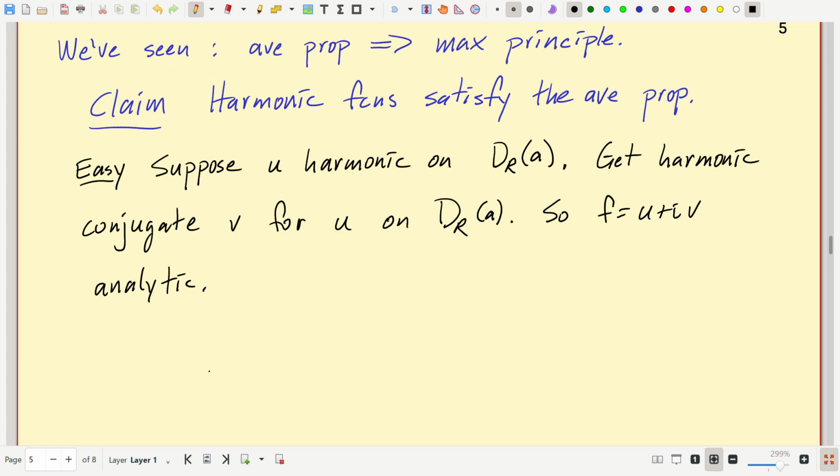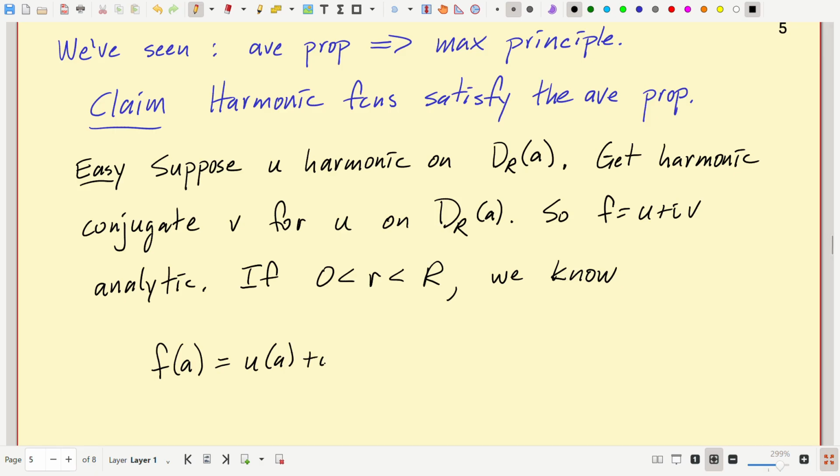So if 0 is less than little r is less than capital R, we know analytic functions satisfy the averaging property. So f of a, that would be u of a plus i v of a, is equal to the average: 1 over 2 pi, integral from 0 to 2 pi of f of a plus r e to the it dt.